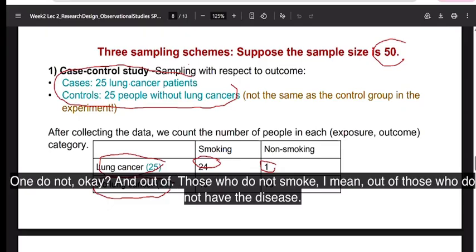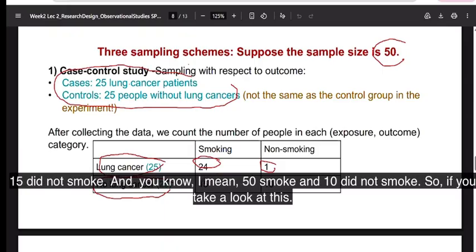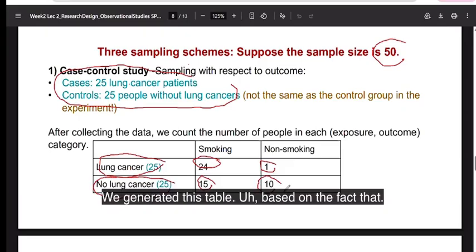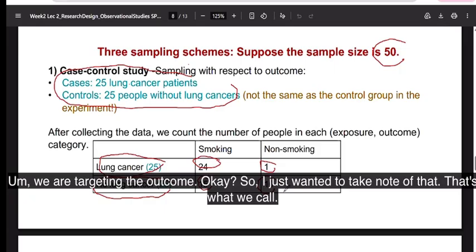Out of those who do not have the disease, 15 smoke and 10 did not smoke. So we generated this table based on the fact that we are targeting the outcome. I just wanted you to take note of that. That's what we call case control study.